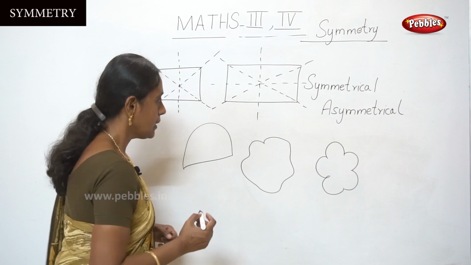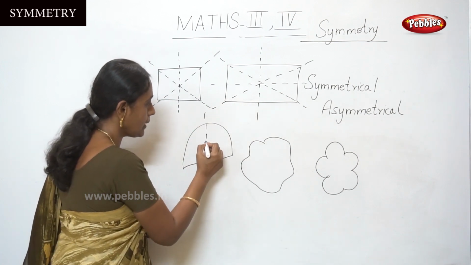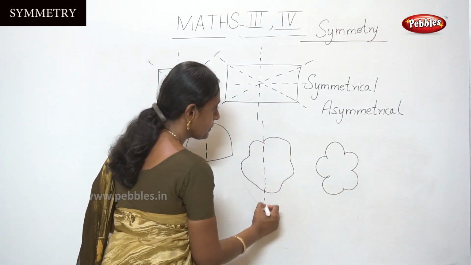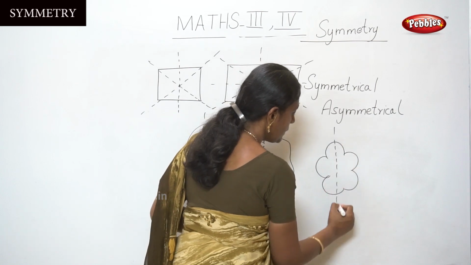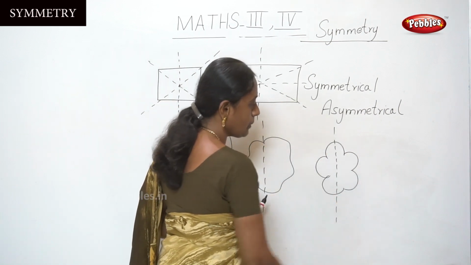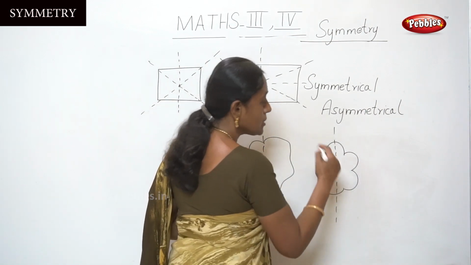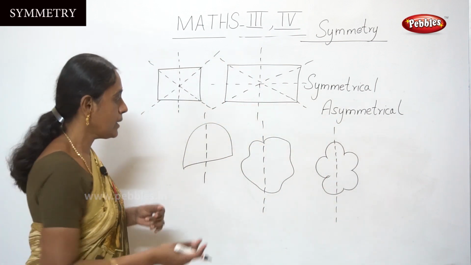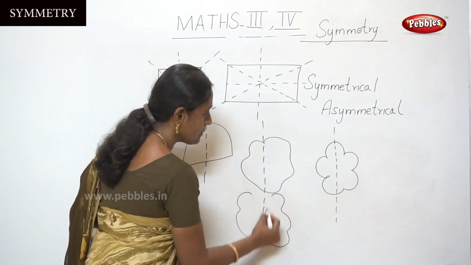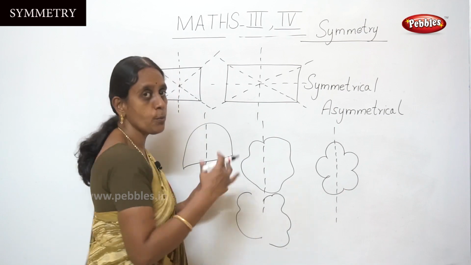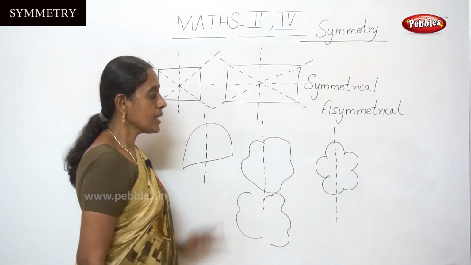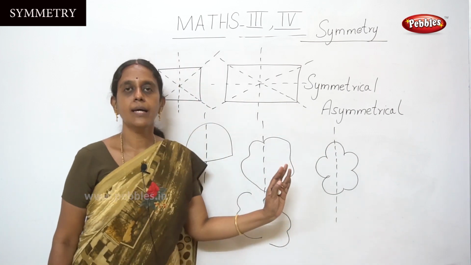So here, if you draw any imaginary line through the center portion or the corner portion, fold it like a paper, and like this. Suppose we get these two portions, here the shapes are irregular halves. Here this portion is a shape somewhat like this, and here the portion will be like this. So these two halves are not equal. That is called asymmetrical. All irregular shapes are called asymmetrical.